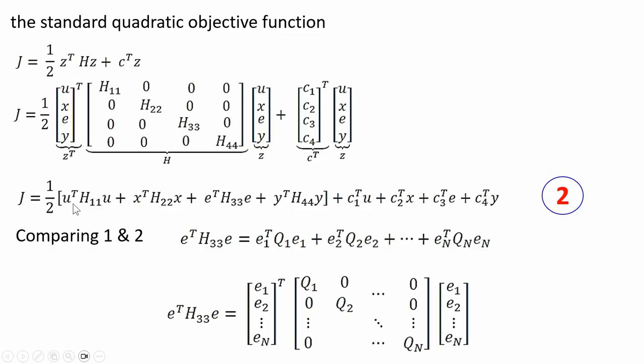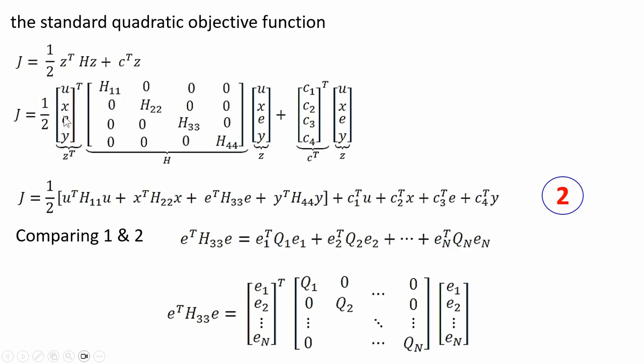If we multiply z transpose H z, then u transpose gets multiplied with h11 and gets multiplied with u, so we have u transpose h11 u. Since the other elements are 0, u transpose multiplied with 0 and then with x becomes 0, so we don't have to write it.